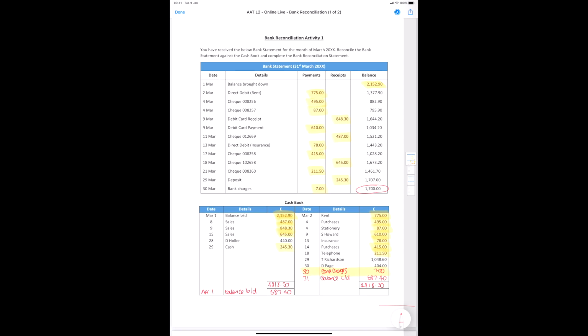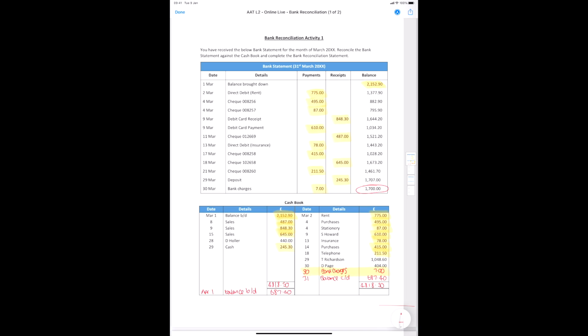This is where we're looking at our timing differences. We can see the 3 transactions in the cash book which are unhighlighted. We've got the receipt on the 28th for D Holler of £440, and we've got 2 payments on the credit side for £1,048.60 and £404.